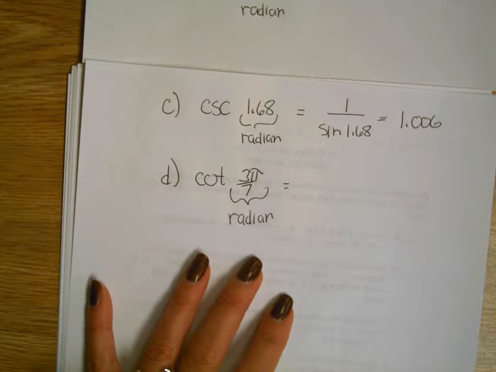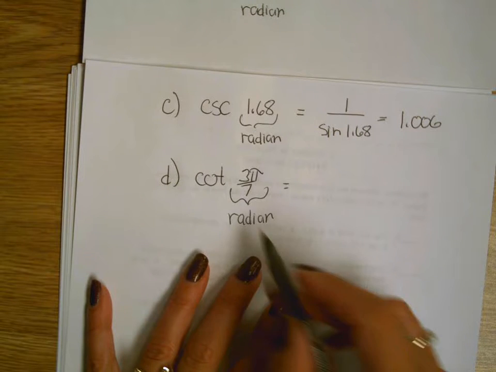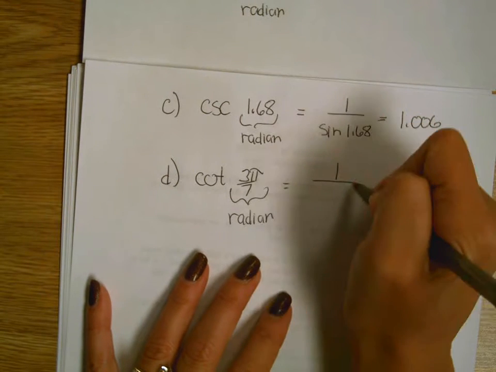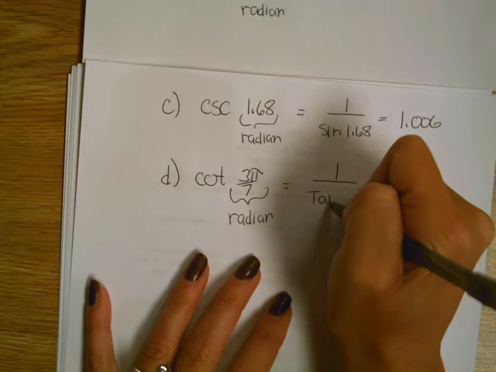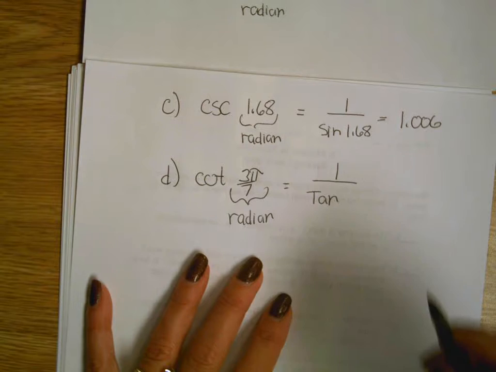And how are you going to get the calculator to give you this cotangent ratio? Yep, just like part C, 1 over its partner function, which is tangent. So be looking back at these tomorrow when I'm gone. Everything's in your notes when tomorrow's homework comes along.